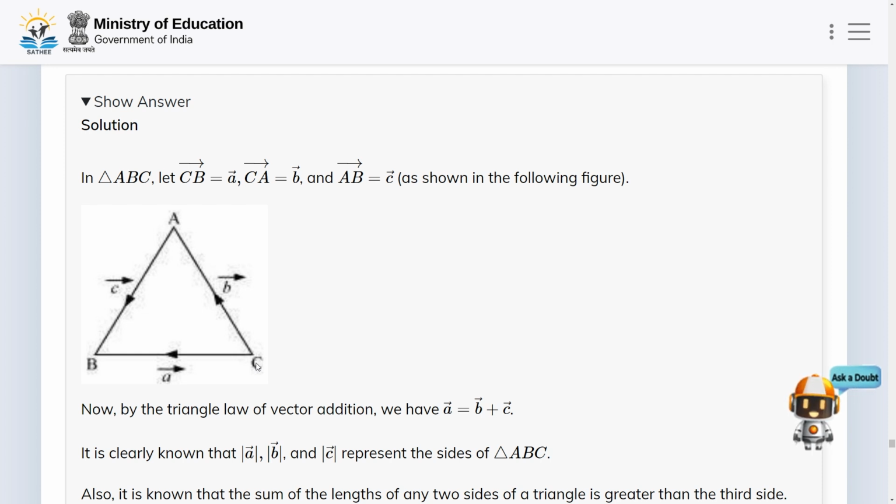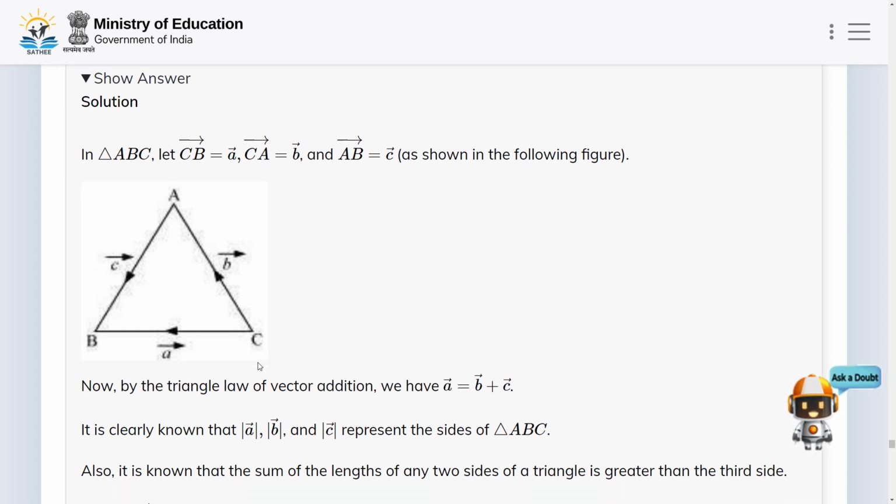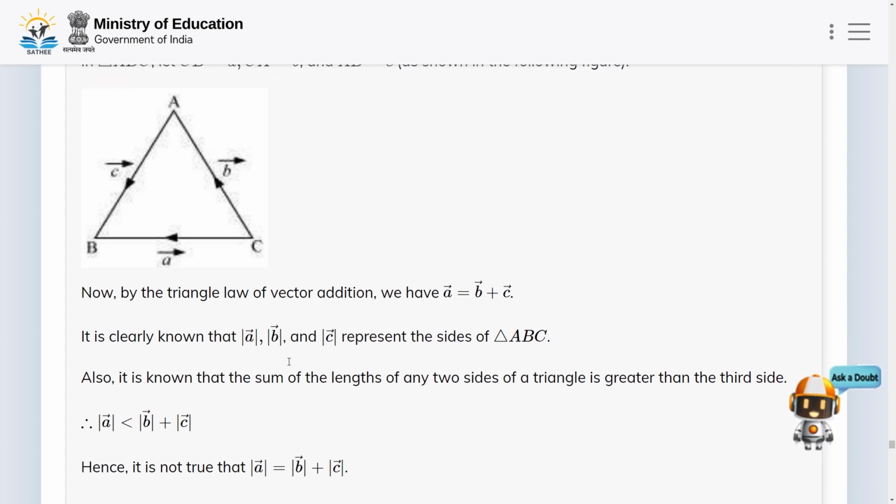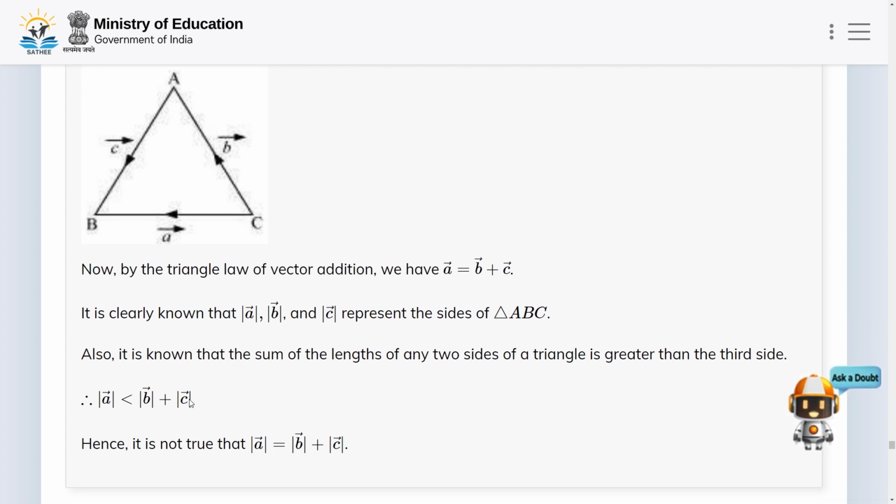Now, it is clearly known that the magnitudes of a, b, c represent the lengths of the sides of triangle ABC. It is also known that the sum of any two sides of a triangle is greater than the remaining side, which is already written here.